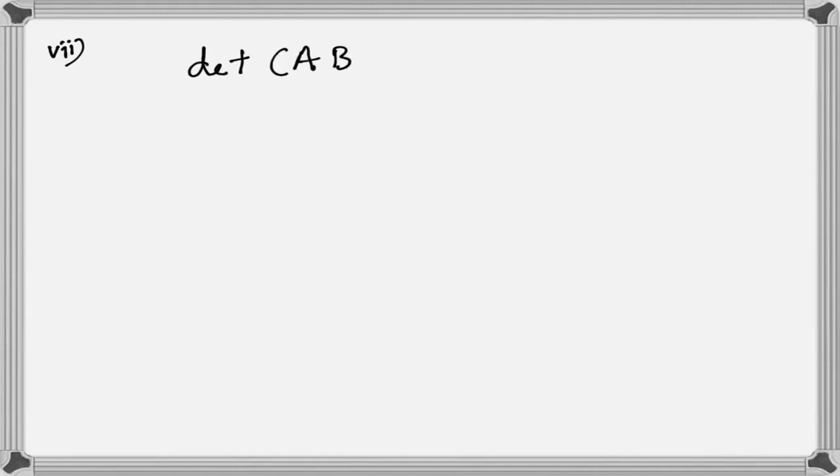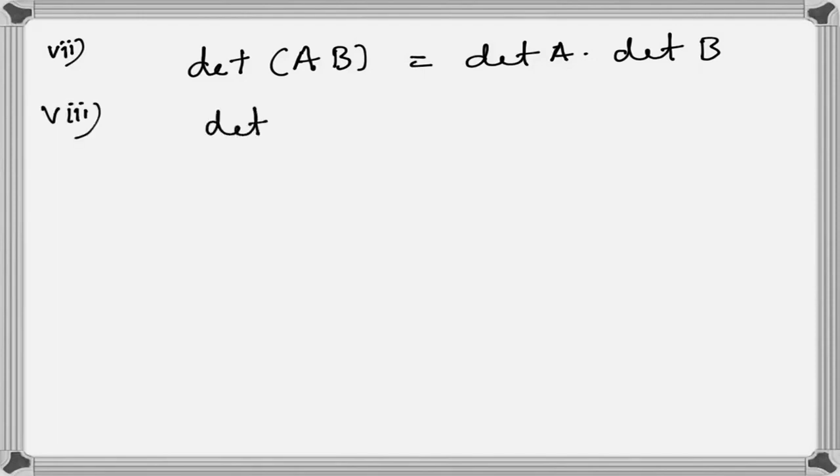Suppose A and B are both square matrices of order n, then the determinant of AB is the determinant of A times the determinant of B. One more important property: what is the determinant of C times a matrix A, where C is a scalar?